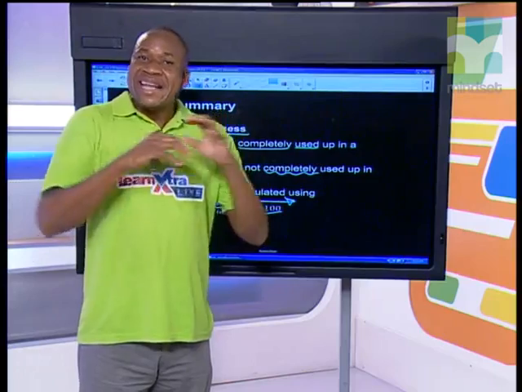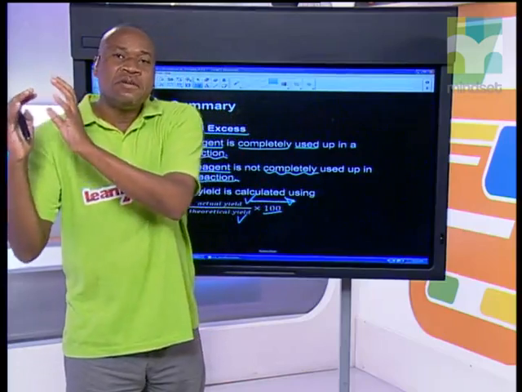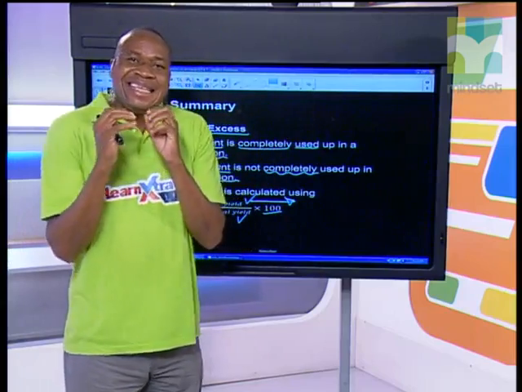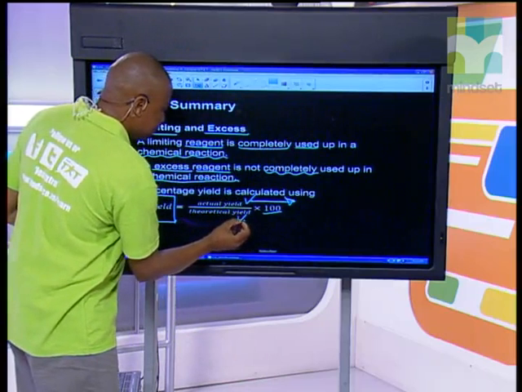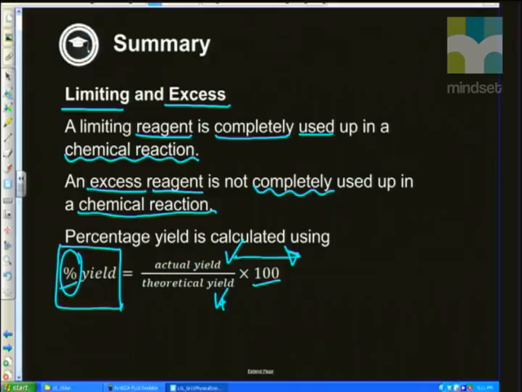When we balance that chemical equation, we can calculate how much of the product we're going to have if we are given the quantities that are reacting. But that is called the theoretical yield. What we calculate making use of the chemical equation is called the theoretical yield.